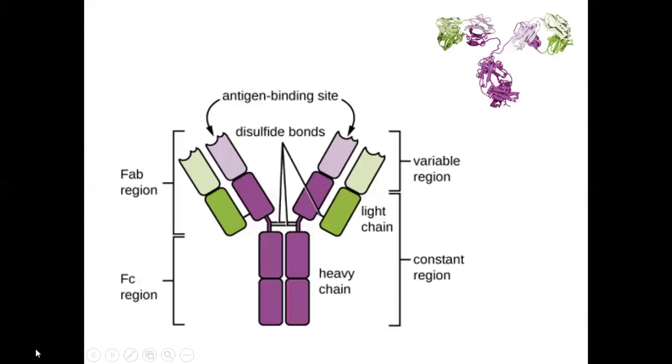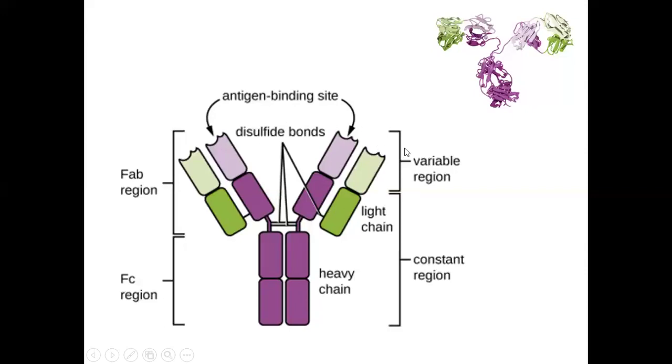So here we can see the antibody. The antibody has a heavy chain and a light chain, and the two heavy chains are bound together by disulfide bonds, and with the light chain also by disulfide bonds.